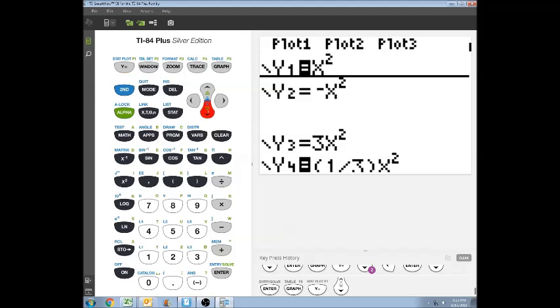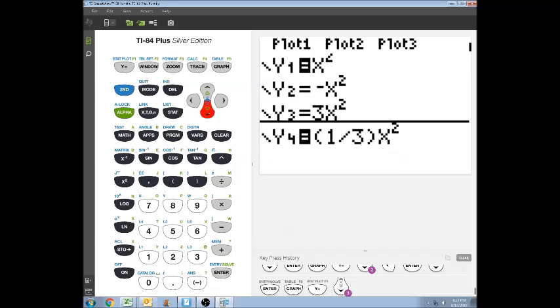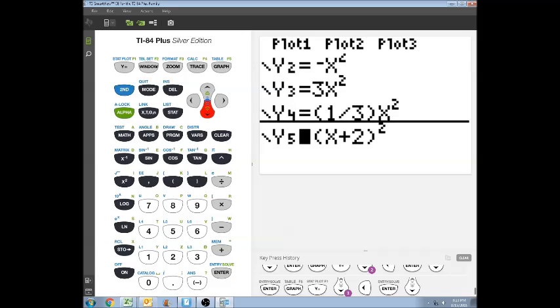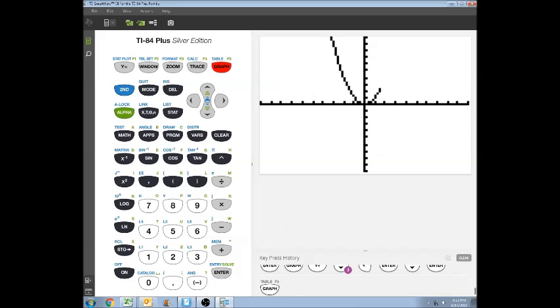So I'm going to go ahead and get rid of the equal sign being highlighted here. Drop it down. Now I have x plus 2 inside of the parentheses, and all of it's being raised to the second power. Well, I wonder what's going to happen there. Well, there it goes. As you can see, it has moved to the left.